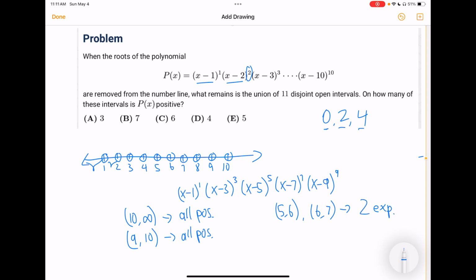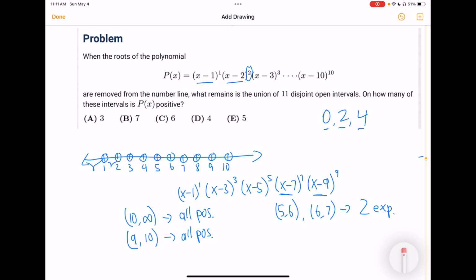For example, for 5 to 6, take 5.5. 5.5 minus 7 and minus 9 gives us 2 expressions that are negative. And for 6 to 7, for example 6.5, 6.5 minus 7 and 6.5 minus 9 give us negative numbers. So x minus 7 and x minus 9 are the 2 negative ones.